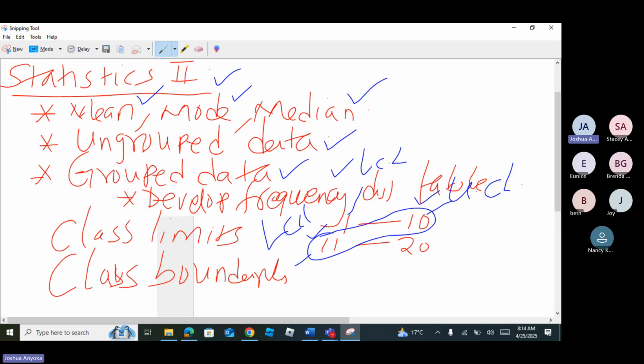For us to effectively develop a frequency distribution table, we need to know class limits and the class boundaries. Now we were demonstrating what a class limit is. Class limit, for example, when we have 1 to 10, and the second class is 11 to 20, these are class limits.